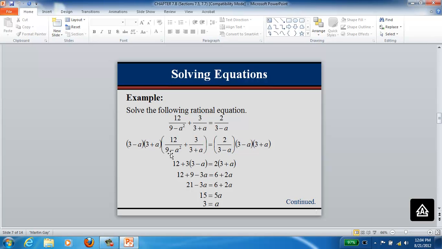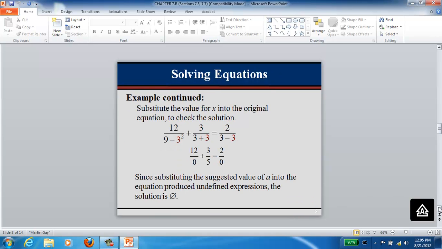Multiplying all terms by your least common denominator cancels the denominators, so you're left with 12 for the first rational expression, plus 3 times 3 minus a, because the 3 plus a cancels, equals 2 times 3 plus a, because the 3 minus a cancels. Solving, a is equal to 3, and then checking your solution.